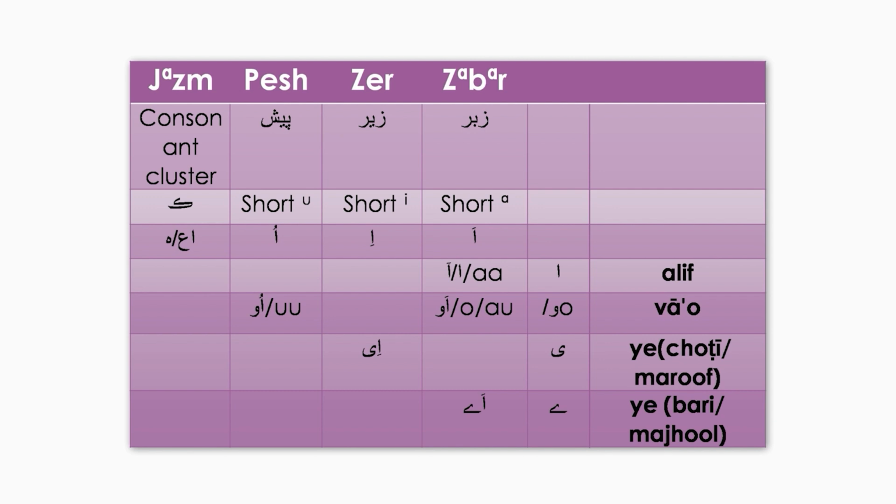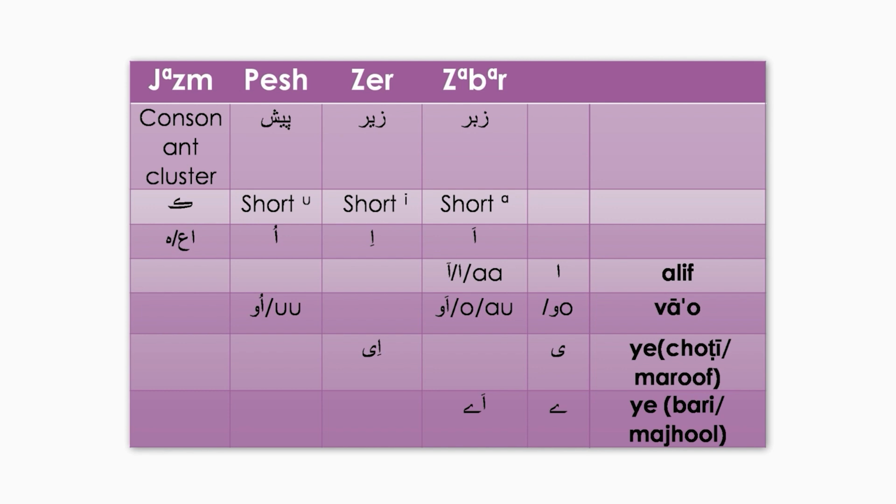Zabar gives the sound of short a, and Zer gives the sound of short i, e, and Pesh gives the sound of short u. So we have three sounds with diacritic markers: a, e, u, ba, bi, bu. And with cluster consonant or jazm, it gives the sound of a, ba, la.